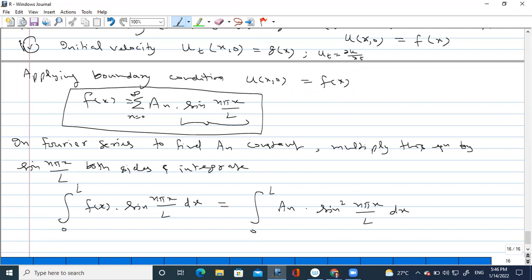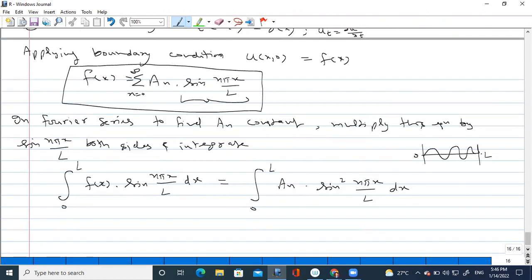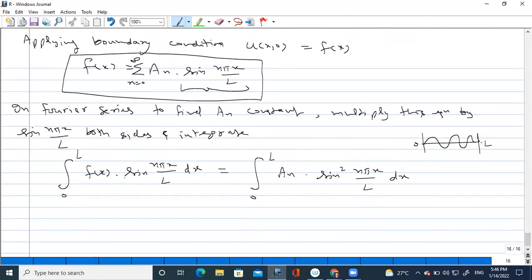Now my limit of x is from 0 to L only. Understood? So that summation will be converted to an integral. An is constant, it will come out. Now from here, integrating this side, this f(x) will be given in the question.